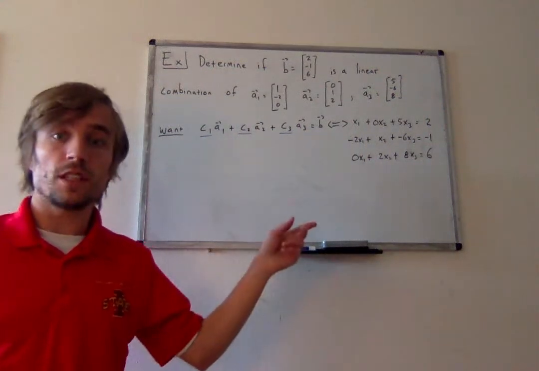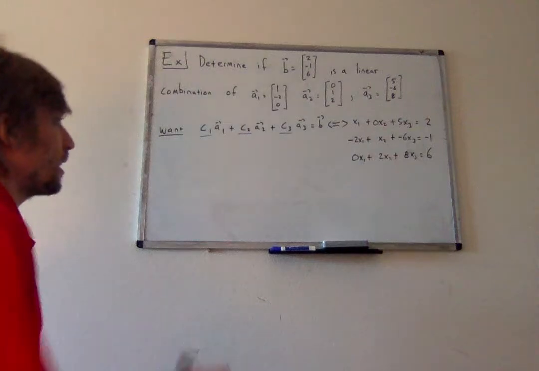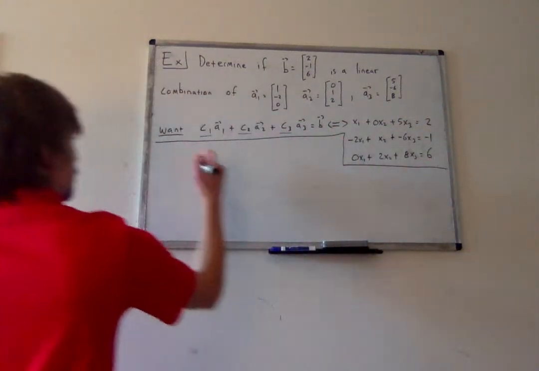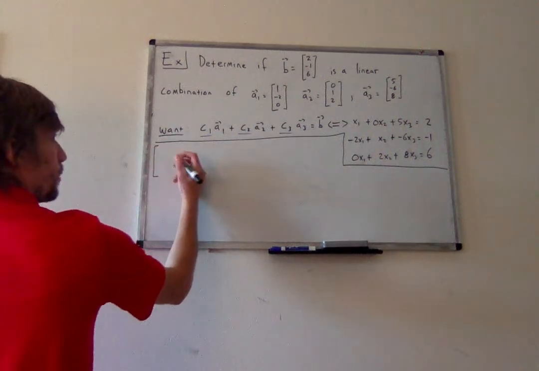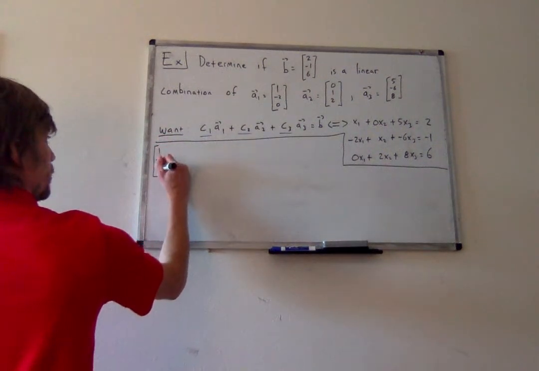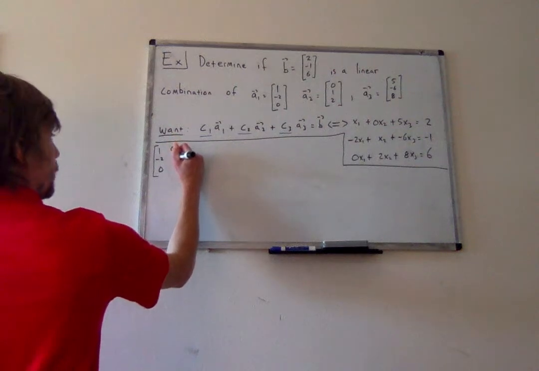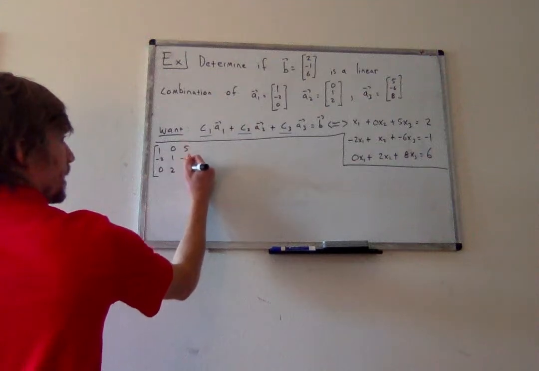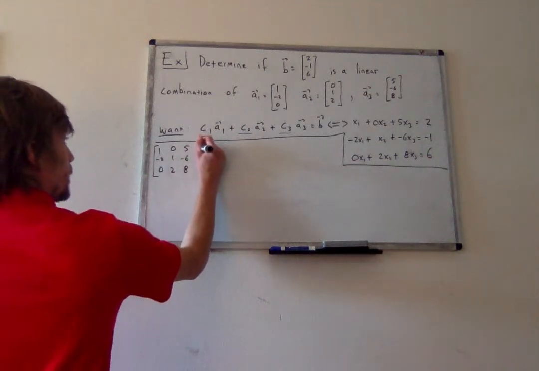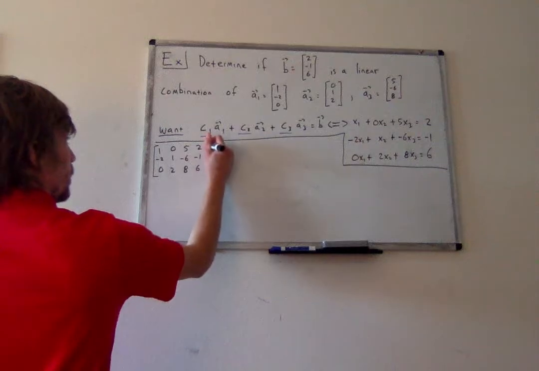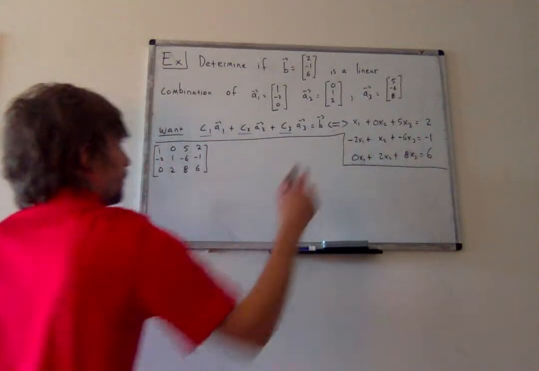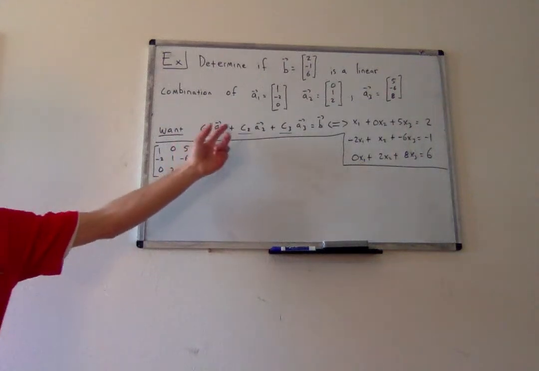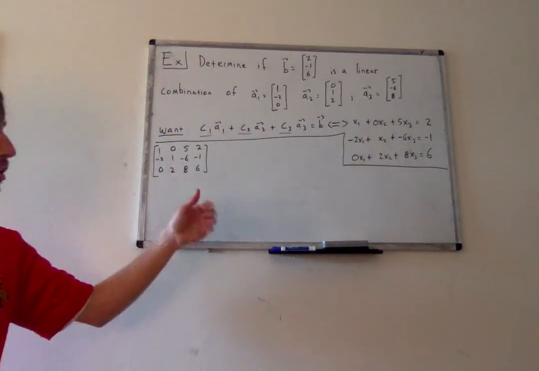But we know how to solve this system of equations, right? We can set up an augmented matrix and reduce it to reduced row echelon form. So the augmented matrix corresponding to the system is the following. And notice that as you're solving these vector equations on your own, you can actually skip this step, because the columns of this matrix correspond to the ordered vectors in this equation.